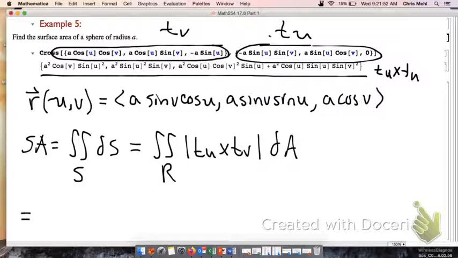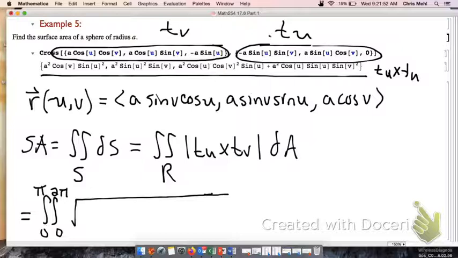But I'll go ahead and write it down. So when I do this, the double integral over the region R, dA is going to become du dv. So you do your u limits first, 0 to 2 pi, and then to get the entire sphere v, remember, was phi, you'd have to go from 0 to pi. And then you'd have to take the magnitude of Tu crossed with Tv.